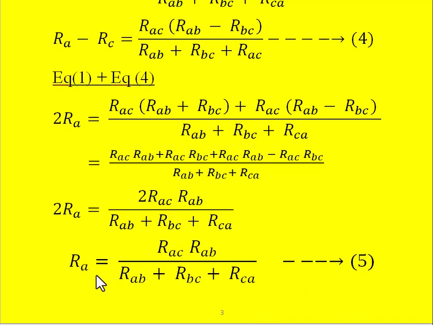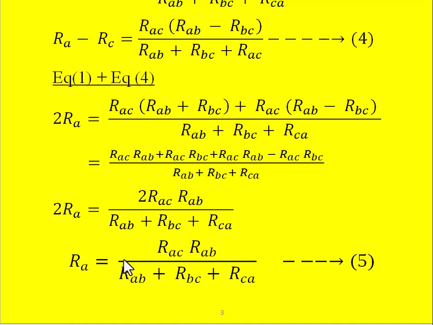So here the derivation is writing the equivalent star in terms of the known delta form. The known delta form is this: RAB, RBC, RCA. So to get the RA, that is the equivalent star, write here first simply RA.